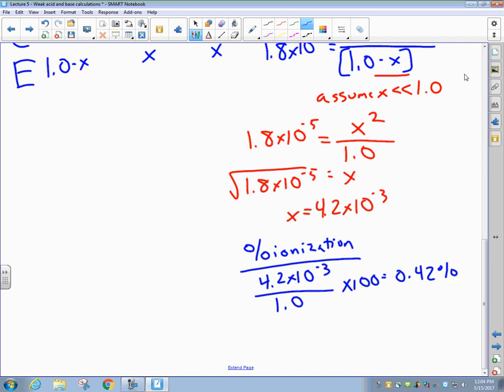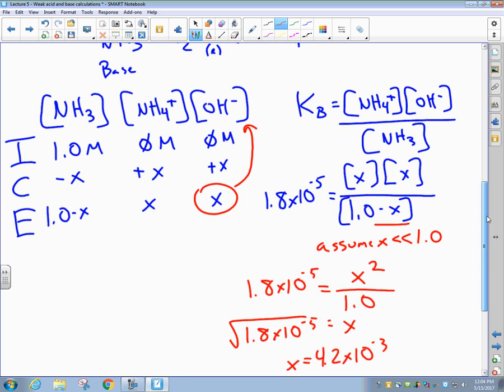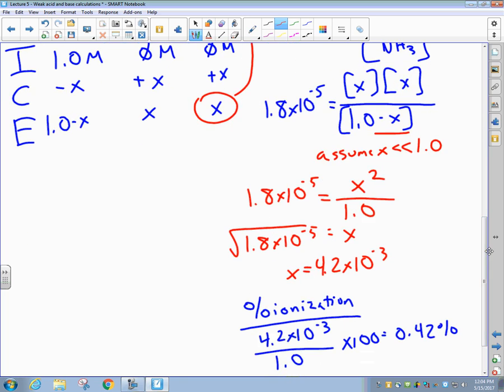Because this is a KB problem, we recognize that we just solved for our OH concentration. This number, 4.2 times 10 to the minus third molar, is our OH concentration. We have one corner of the square that we like to use. So that's the first of 4 answers we have to give in this problem.